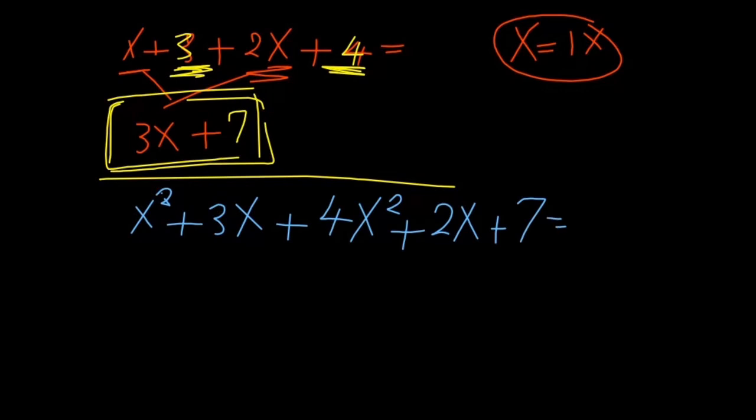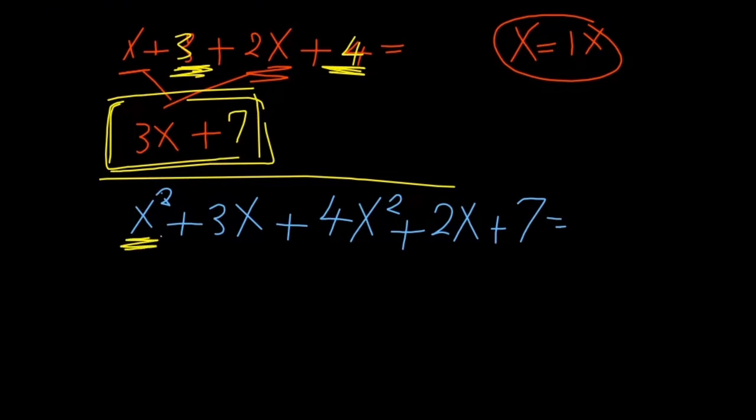By the way, it is a polynomial. We are just combining like terms and trying to give the simplest form. It is not an equation. We're not trying to find the value of x. We are only combining like terms and writing the polynomial, or the final answer, in the simplest form.